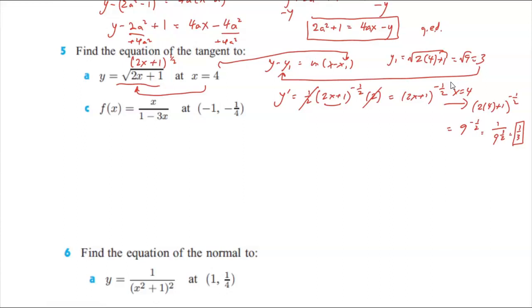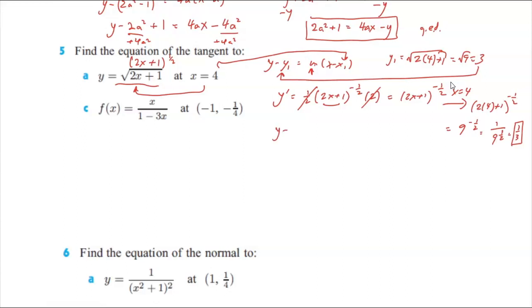So now we can fill everything in. The slope goes there. It will be y minus 3 equals the slope 1/3 times the quantity x minus 4. Okay, so that is part A.